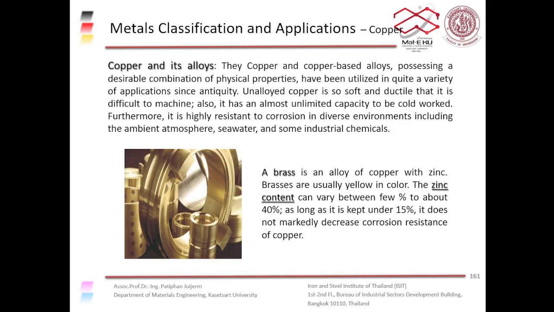It can be cold worked. Cold work in this case means to shape into the shape that you want at low temperature. And as you are cold working, you are increasing the strength of that alloy as well. Cold working is the opposite of hot working. Hot working is when you are shaping something at higher temperature, and by doing hot working you are shaping it but not increasing its strength.